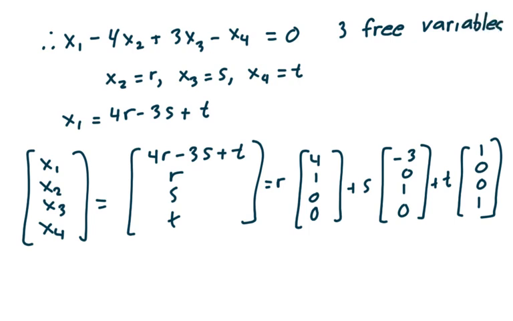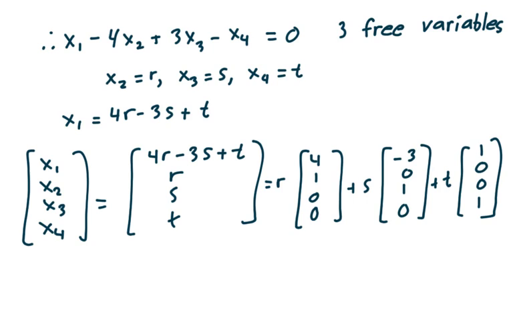And so what I do is I let x2 be r, x3 be s, and x4 be t. Solving for x1, I get 4r minus 3s plus t. And so the column vector x1, x2, x3, x4 is equal to the column vector 4r minus 3s plus t, r, s, t.